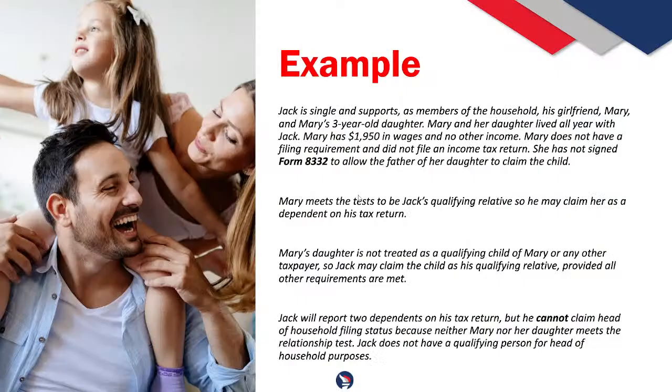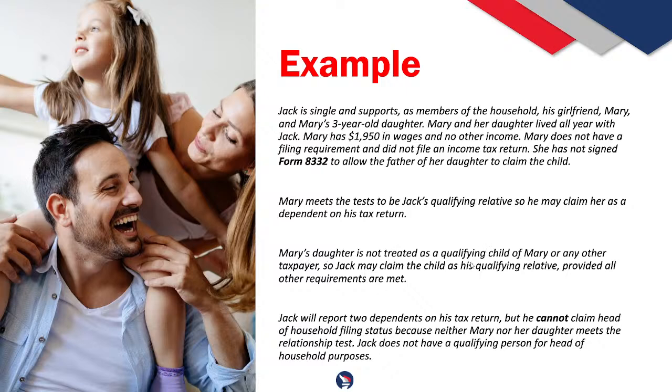Jack is single, supports his household members, his girlfriend Mary and Mary's 3-year-old daughter. Mary and her daughter lived all year with Jack. Mary has $19.15 in wages and no other income. Mary does not have a filing requirement and did not file an income tax return. She has not signed the 8332 to allow the father of her daughter to claim the child. Mary meets the test to be Jack's qualifying relative, so he may claim her as a dependent on his tax return.